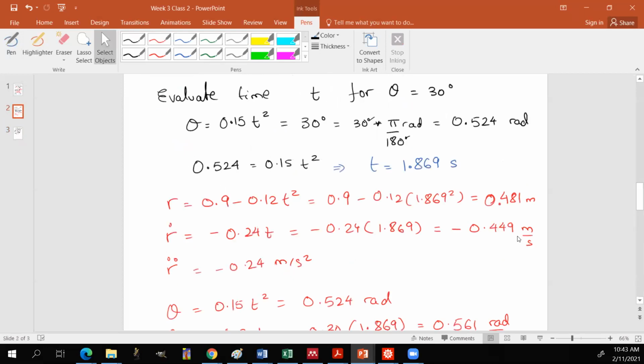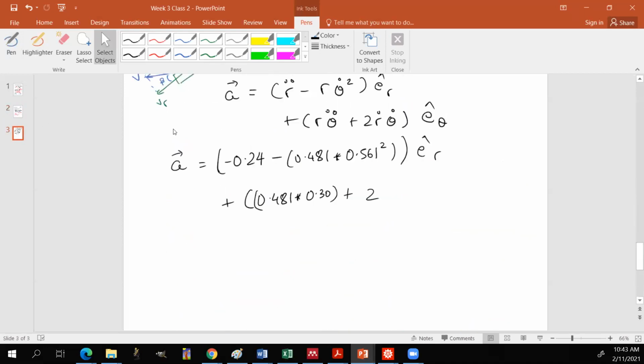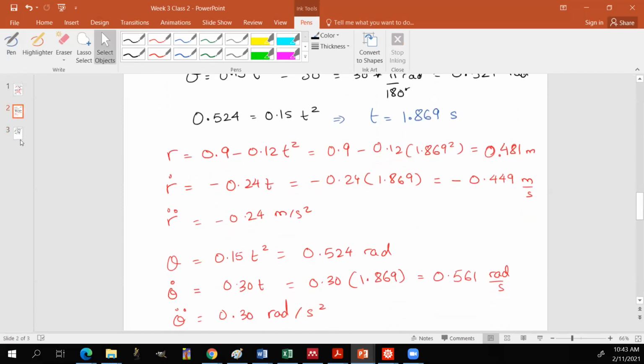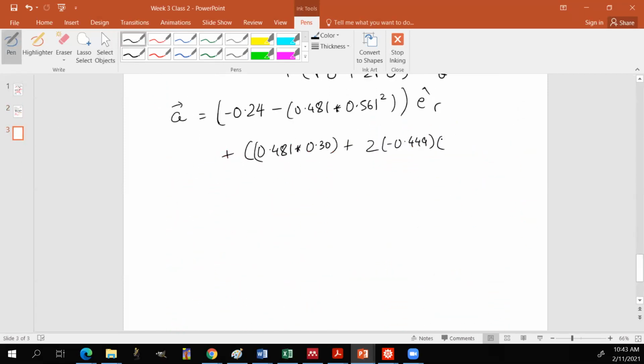So r dot was minus 0.449, and theta dot was 0.561, times e_theta. So what does the first bracket become?